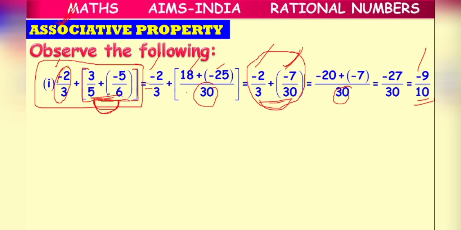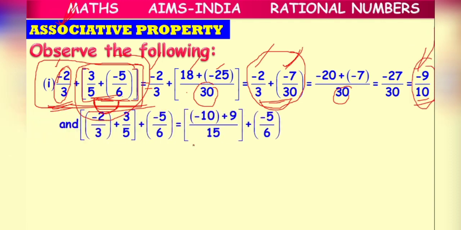So in this case, out of three rational numbers, the first rational number is kept separate, second and third are grouped together. After addition, we got minus 9 by 10 as the answer.